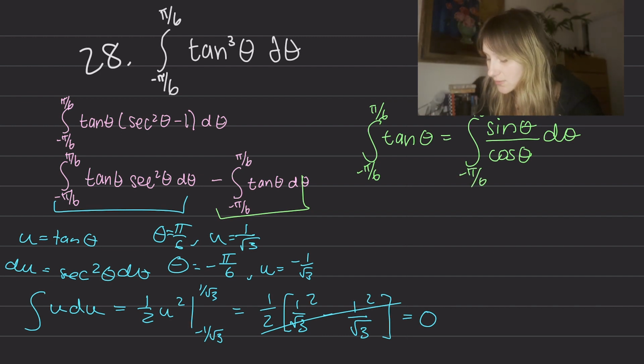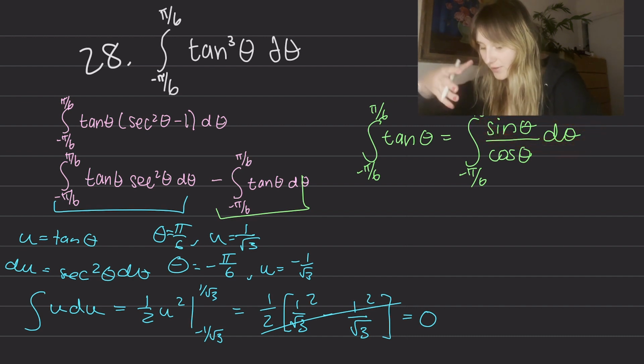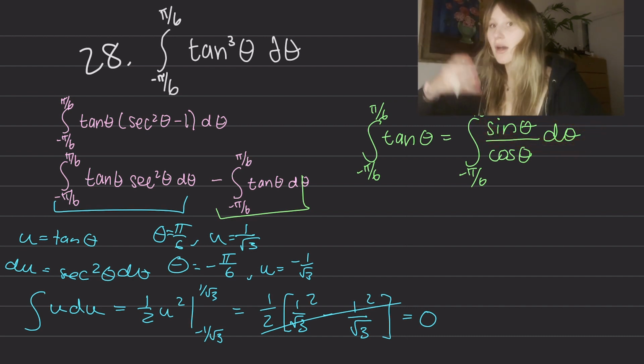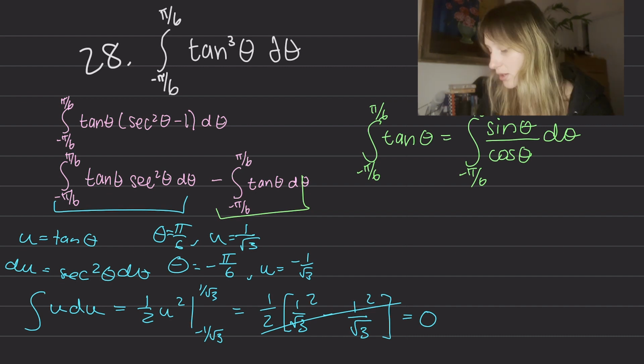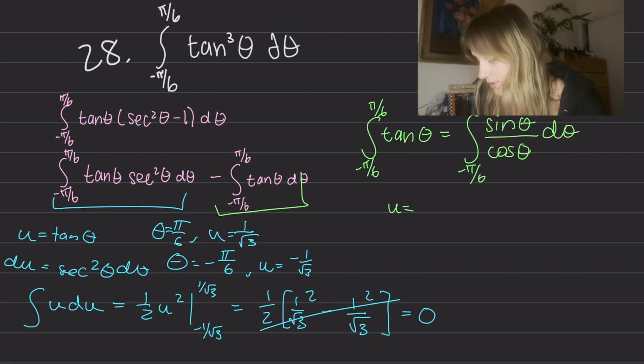I'm just going to do some more u substitution. And in order to figure out which u to choose, we just want to do the derivative of whatever is on the bottom, whatever can be factored out of the integral. Cosine as u, since we know that the derivative of cosine is sine, and that can be factored out. So u is going to be cosine theta, du is going to be minus sine theta.